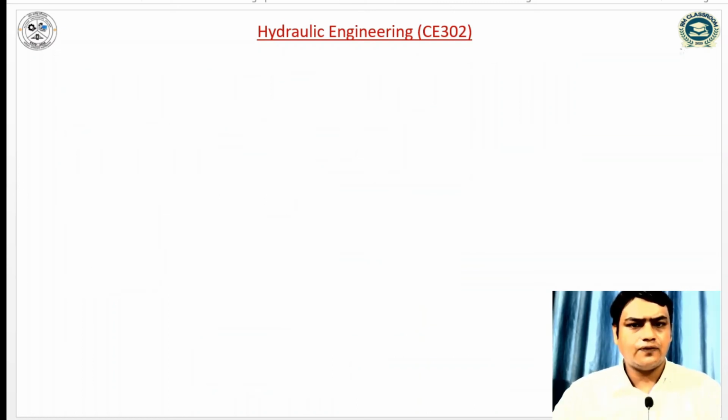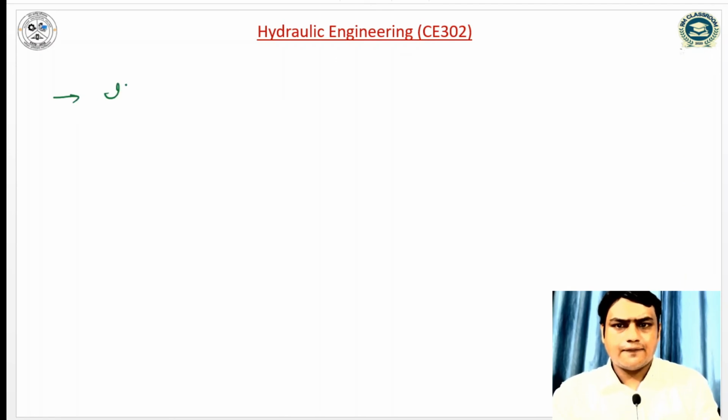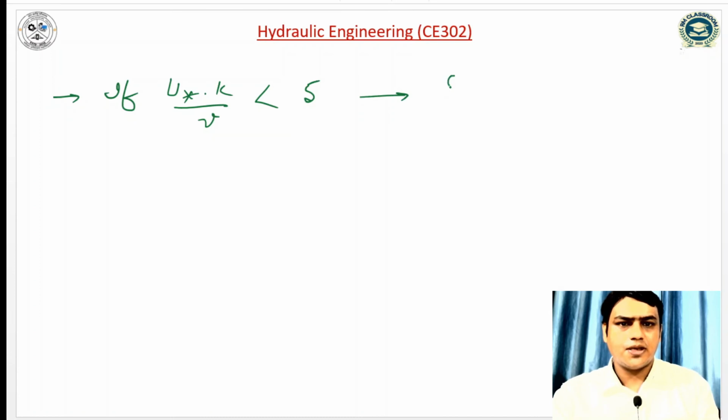If the value of u star into k by nu is less than 5, then it will behave as smooth.